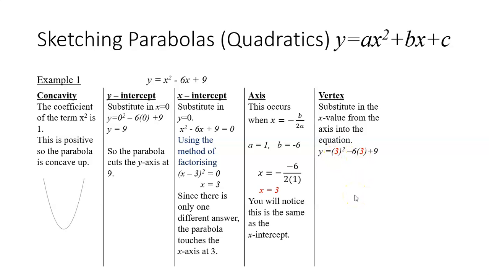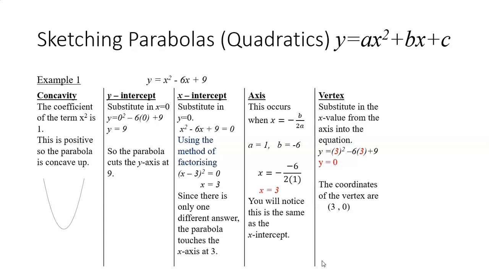And again, you can do that on your calculator and get y equals 0. So now that we've got the coordinates of our vertex, there's my x value and there's my y value. So write that down. There's a pair of coordinates. So make sure if you're asked to write down the coordinates of the vertex, you actually finish it and come up with the actual ordered pair, or the set of coordinates.